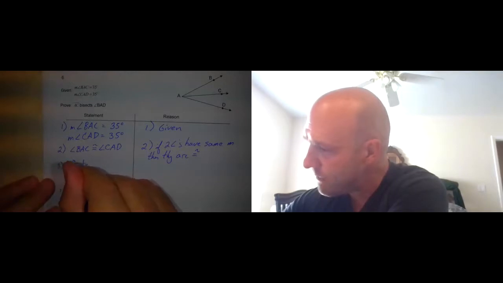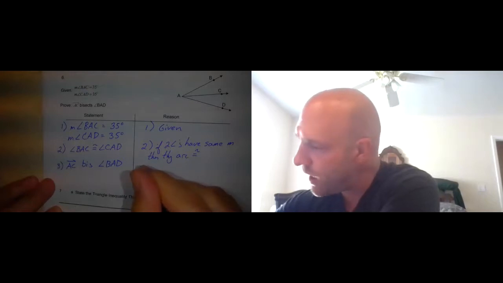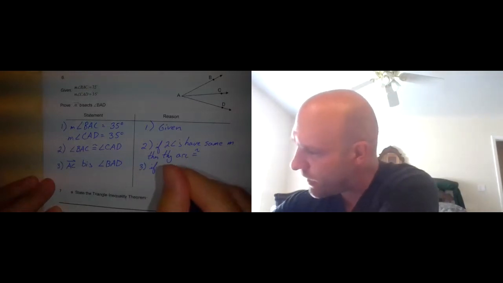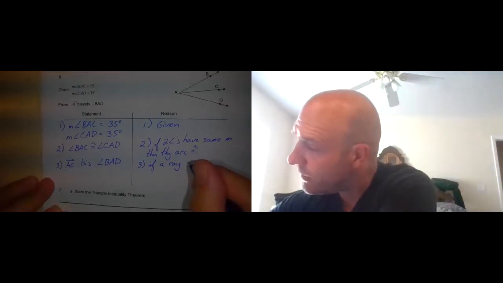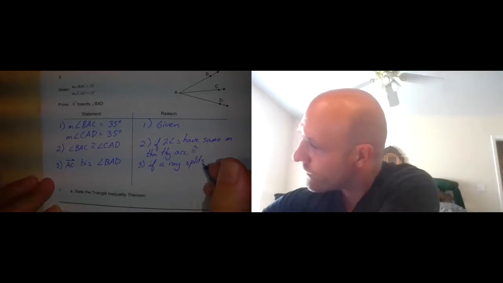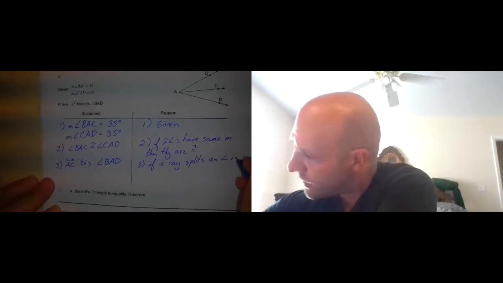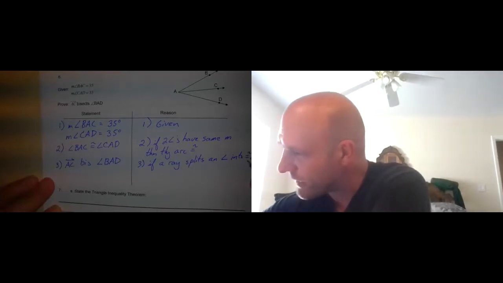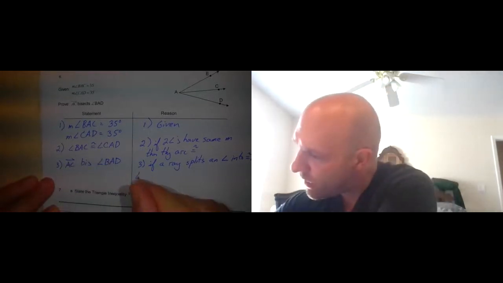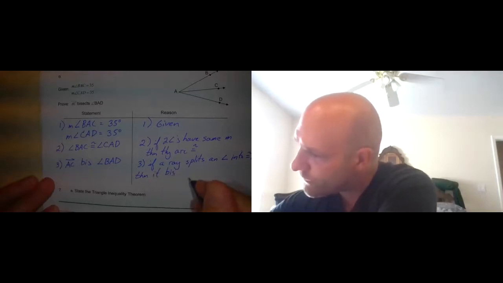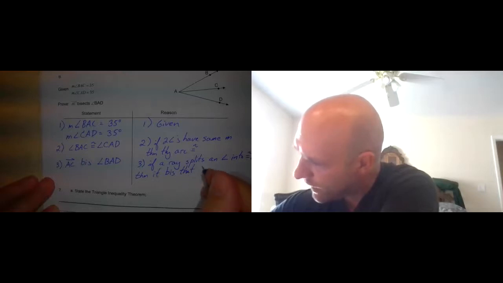Ray AC bisects angle BAD, and my reason would be, if a ray, I don't care if you say segment or line here, splits an angle into congruent angles, and that was kind of the key word in my if part, congruent, what I already know, then it bisects that angle.